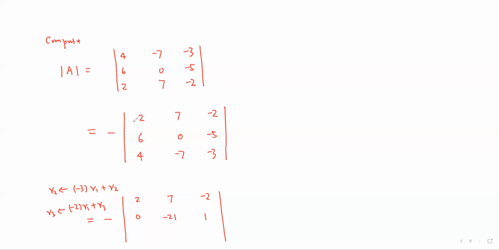So -2 times row 1, add to row 3. So 0. -2 times 7, -14, -21. -2 times -2, 4. Then 1 here. Right, now continue to compute the determinant.